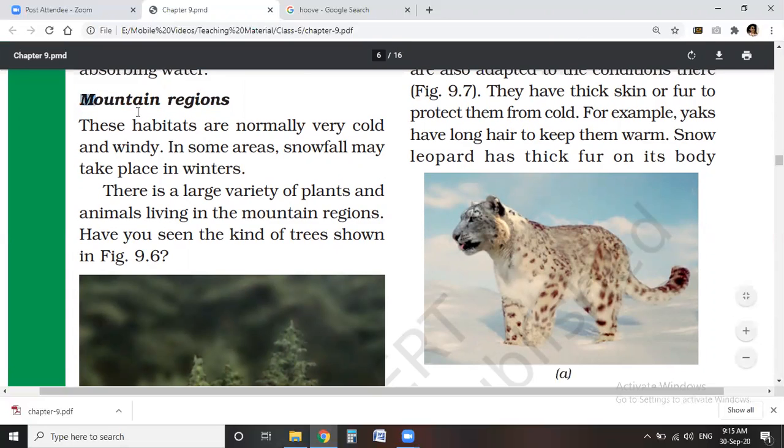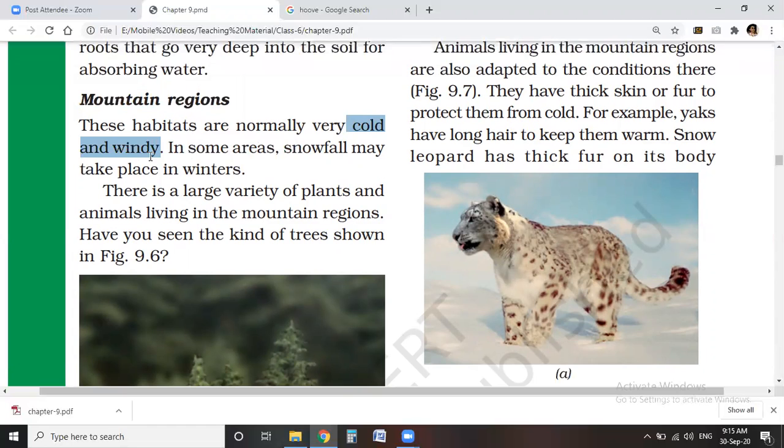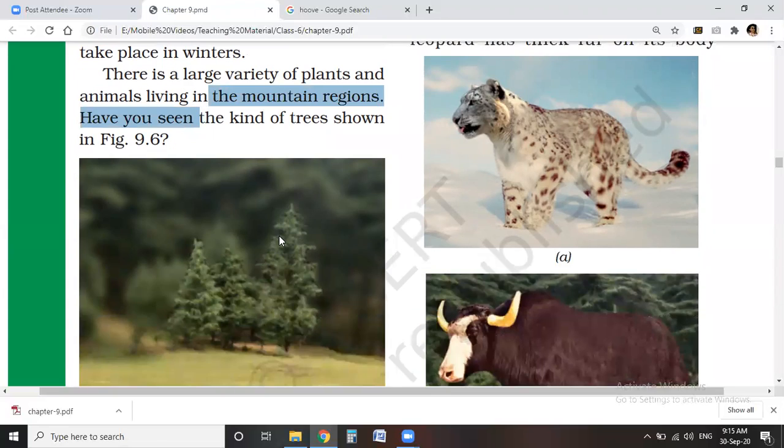We know that mountains are normally cold and windy because mountains are at a great height, and winds blow from there very fast. In some areas, snowfall may also occur in the winters on the mountains.